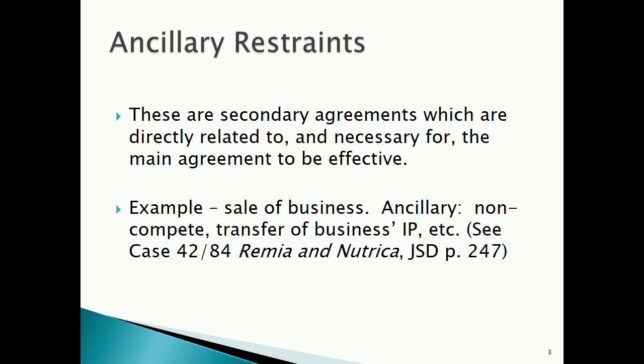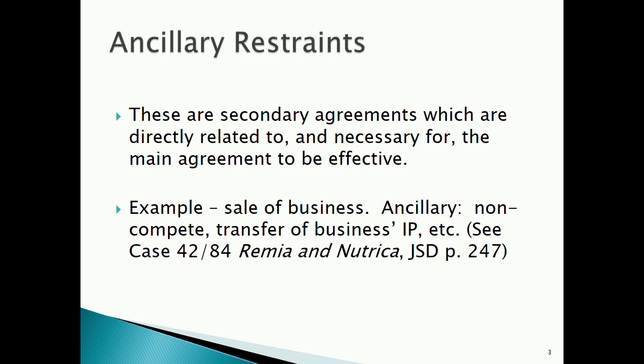Now, an ancillary restraint is obviously an agreement which is anti-competitive on its face, but it's in effect a secondary agreement. That is to say, an agreement that is incidental or ancillary to the main agreement in question.